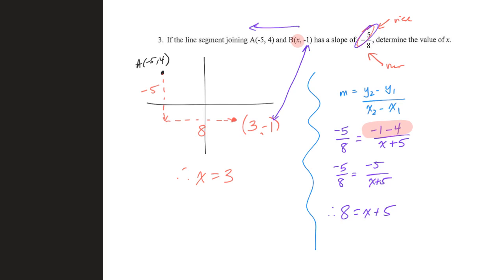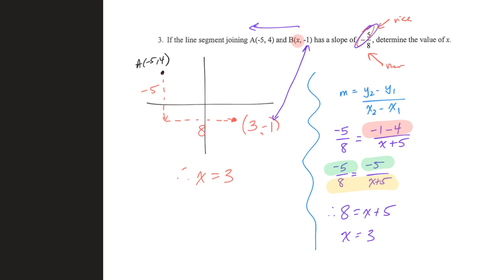I have a fraction equal to a fraction, and the tops are equal. So negative 5 over 8 equals negative 5 over something. Since the tops are the same, I know that my bottoms must be equal. So 8 equals x plus 5. And then you could go through and solve that pretty quick.